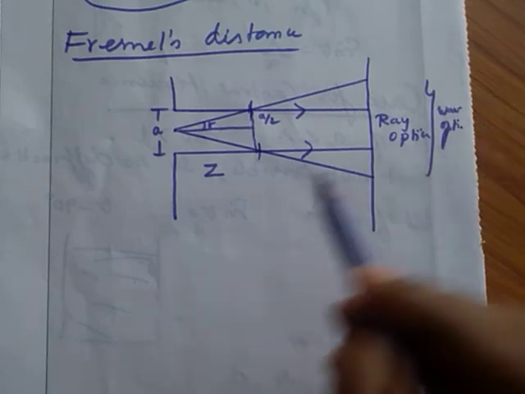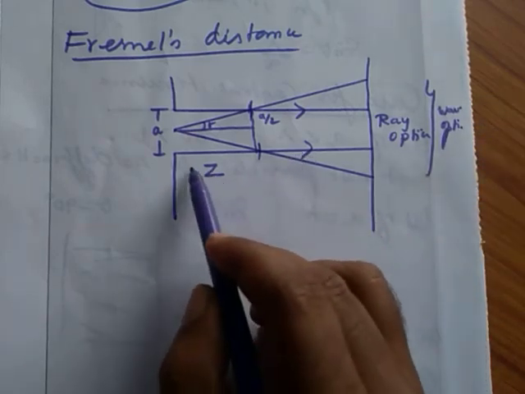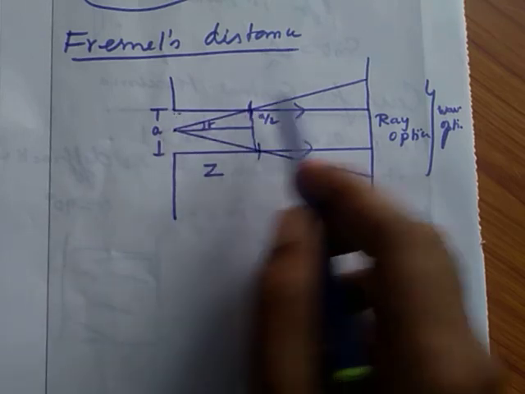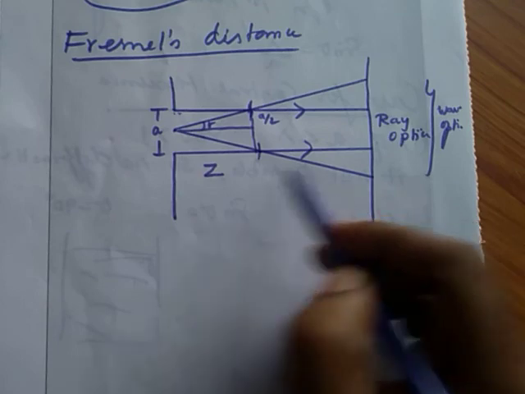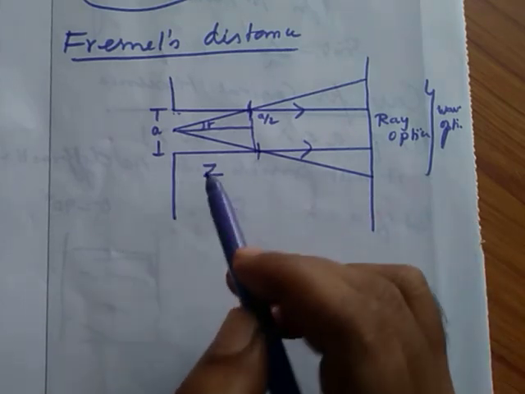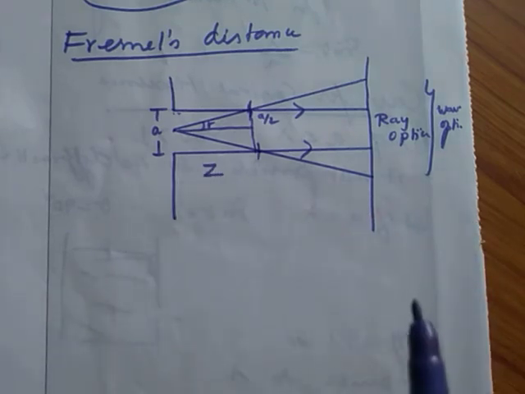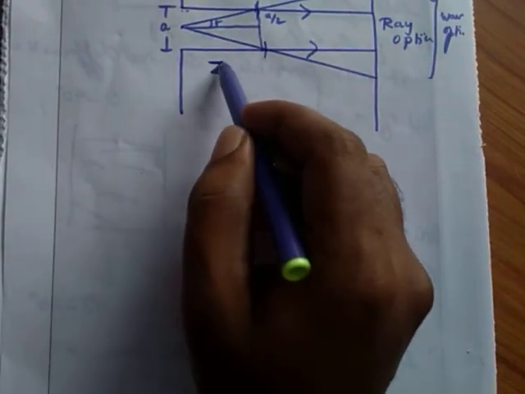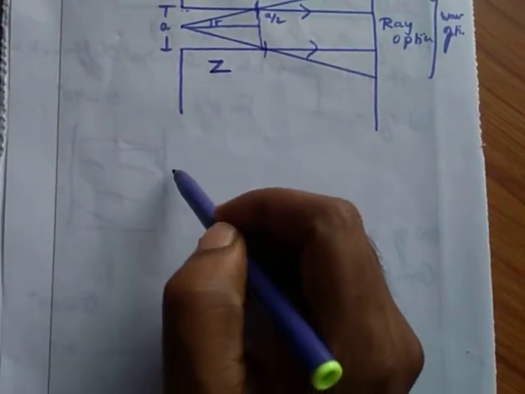That distance is known as Fresnel distance. Here let me find the value of Z, that is Fresnel distance.